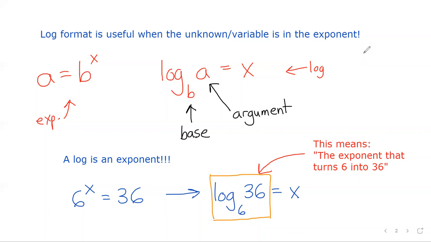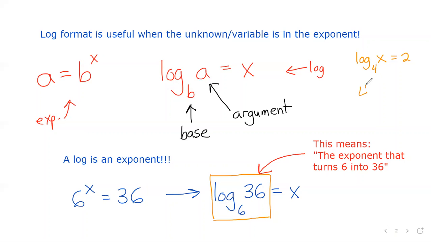So I should add here, let's say that you get this question, log base 4 of x equals 2. Well, remember, a log is an exponent. We know what the exponent is. The exponent is 2. It's actually the argument that's the unknown part here. This doesn't belong in log format. So the first thing that we would do is convert it back to exponent format.